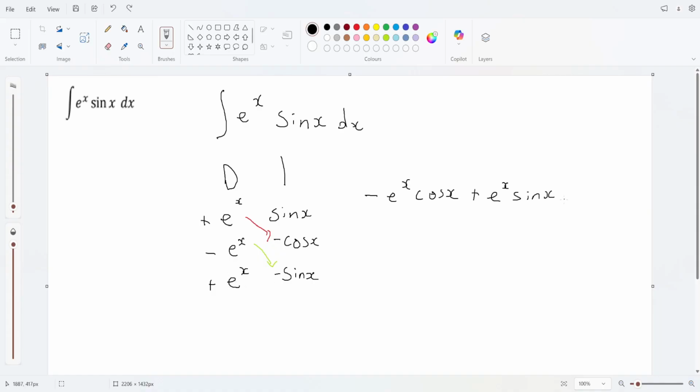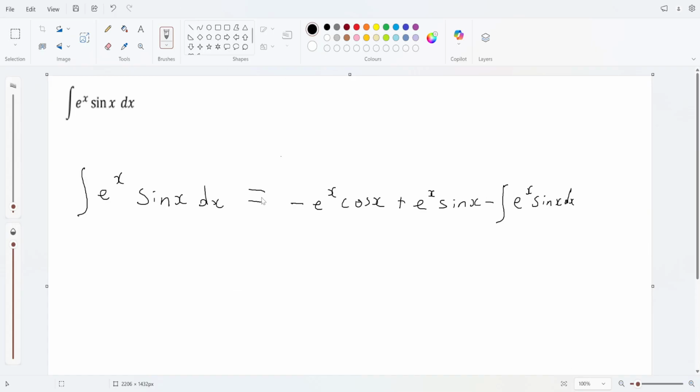So I'm going to end up with plus the integral of minus e to the x sin x dx. So you know how with integrals, if this was 2x dx, that's just the same as 2 lots of x dx? You can do the same thing here. So I'm going to just rewrite this, just like that.